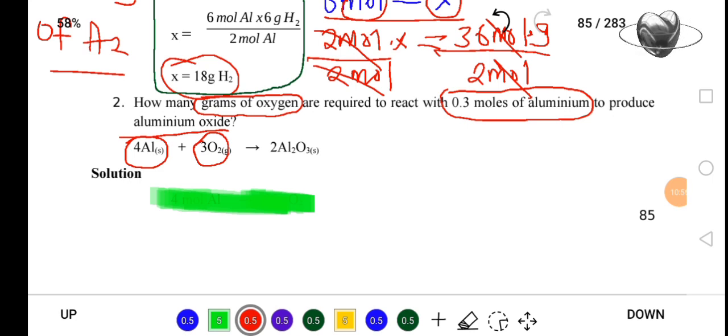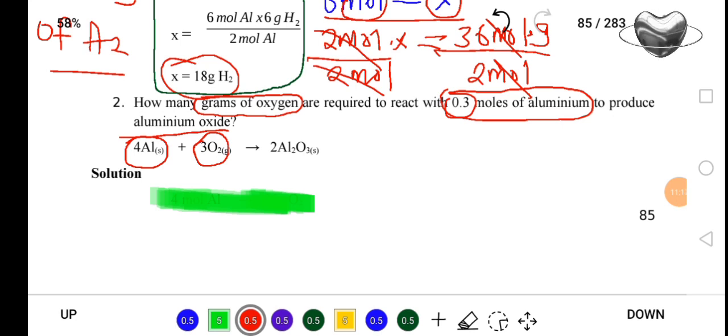Now, what will be the quantity of aluminium oxide if at all we use 0.3 moles? And what will be the quantity of oxygen which is going to react with 0.3 moles of aluminium?